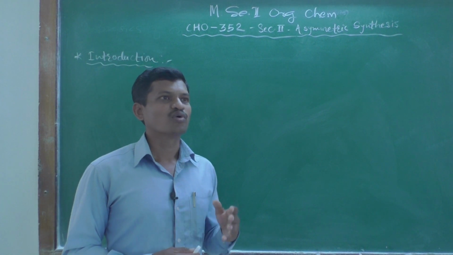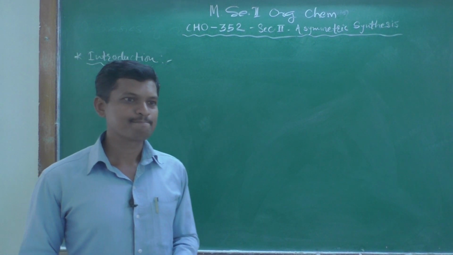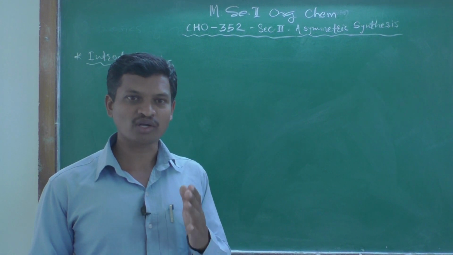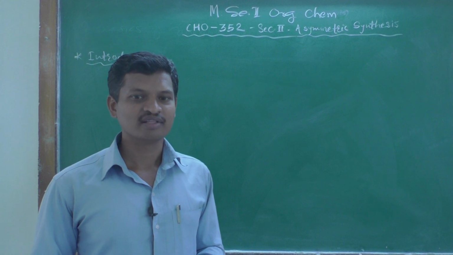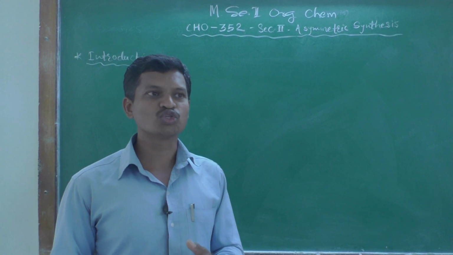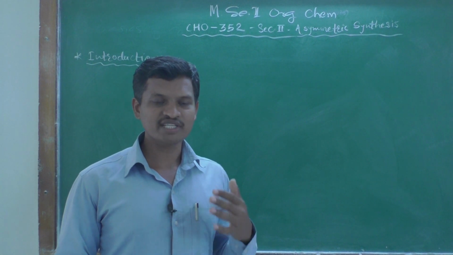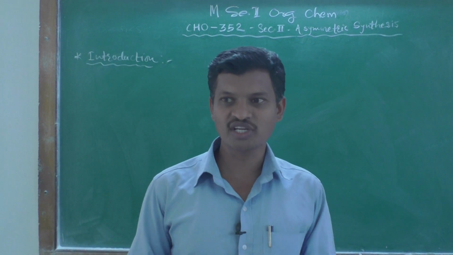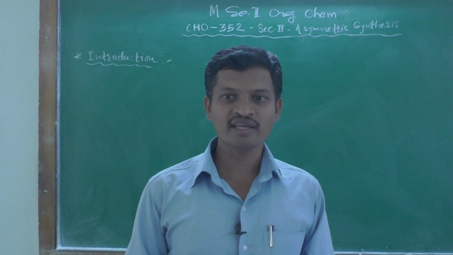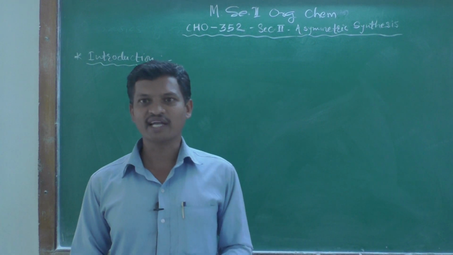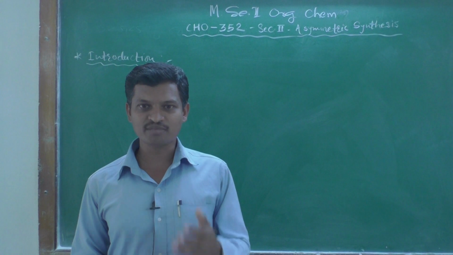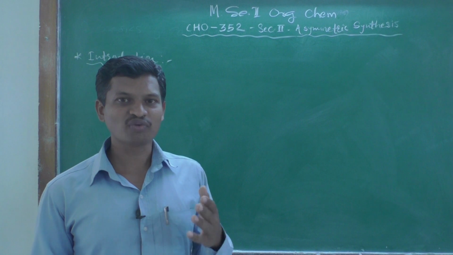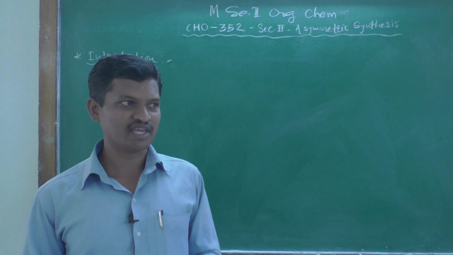If our starting materials are achiral, means that are not chiral, and if there is a chance of formation of two enantiomeric products, that is a chance of formation of racemic mixture, then we are getting a pair of enantiomers, that is a racemic mixture, and that racemic mixture is formed in different proportions, that we call enantioselectivity.